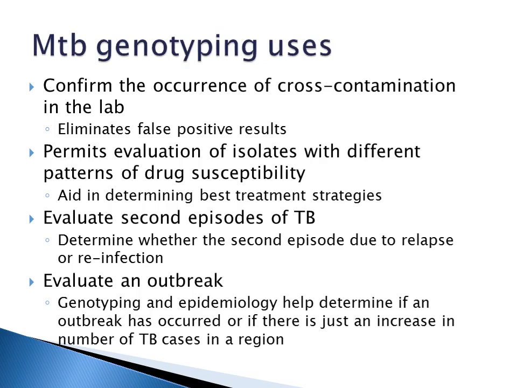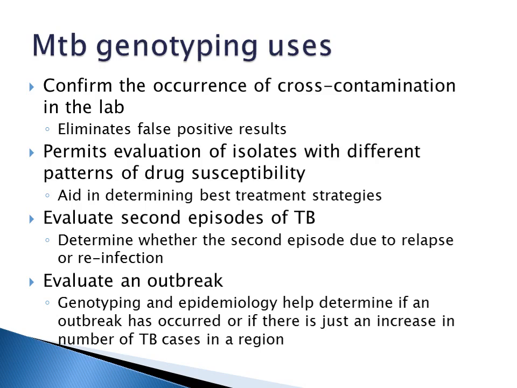Why do we want to use genotyping for Mycobacterium tuberculosis? It's going to confirm the occurrence of cross-contamination in the lab to eliminate false positive results. It's going to permit evaluation of isolates with different patterns of drug susceptibility to aid in determining the best treatment strategies. It can be used to evaluate second episodes of tuberculosis. So someone had tuberculosis and then they come back several years later and have tuberculosis after treatment.